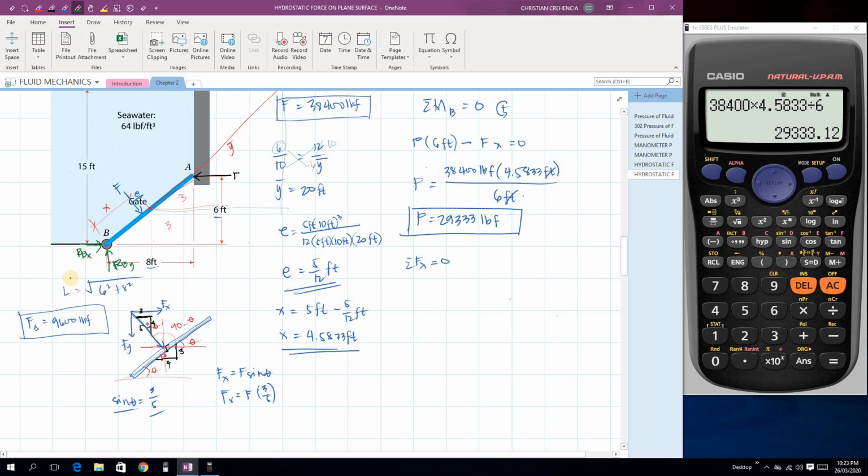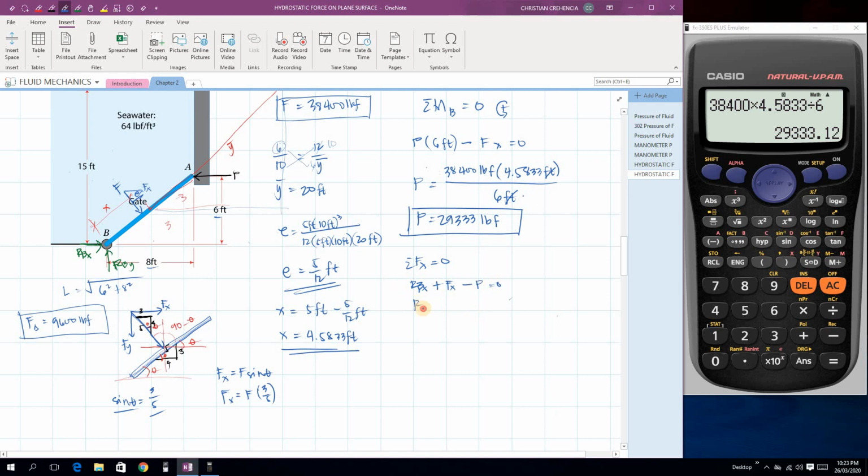So, pag nag-negative naman yan, so sabihin baliktad yung assumption natin. Okay, so we will have RBX, then plus natin yung Fx, kasi nandito yung Fx natin, minus P is equal to 0.